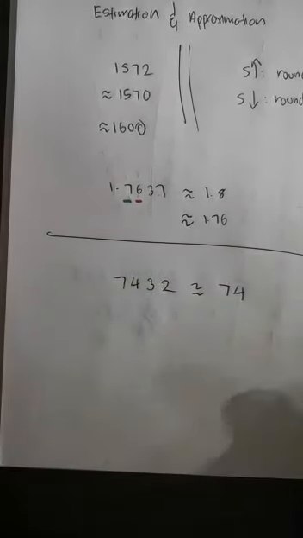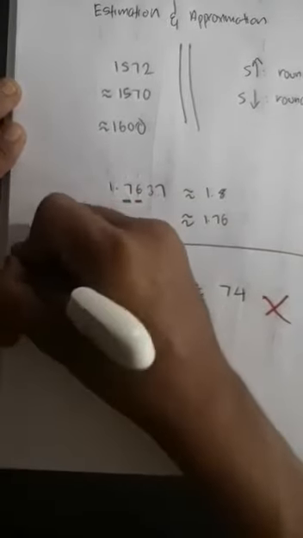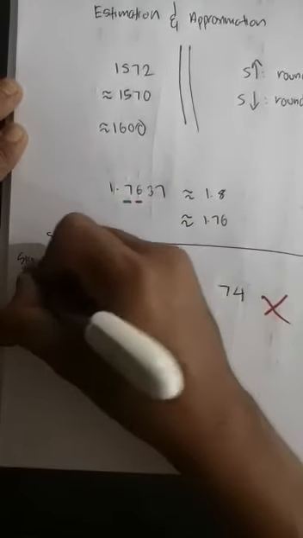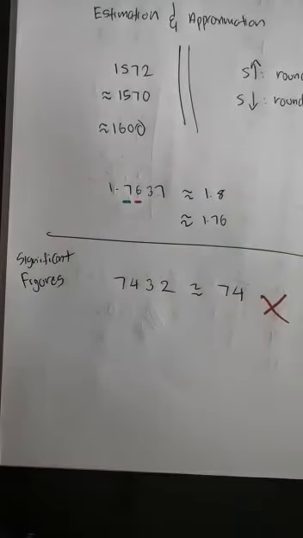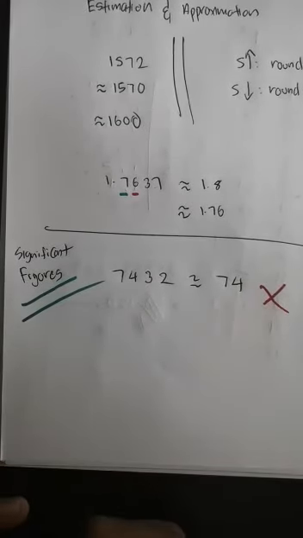Okay, most students will put it as 74 when it comes to significant figures, but it's going to be wrong. While all the method that you do is correct, what makes it wrong is because look at the two numbers.